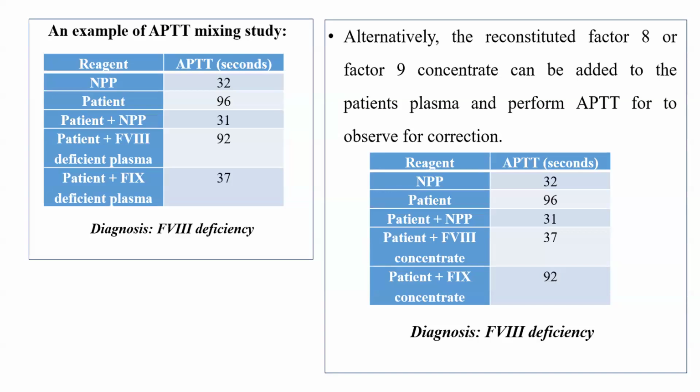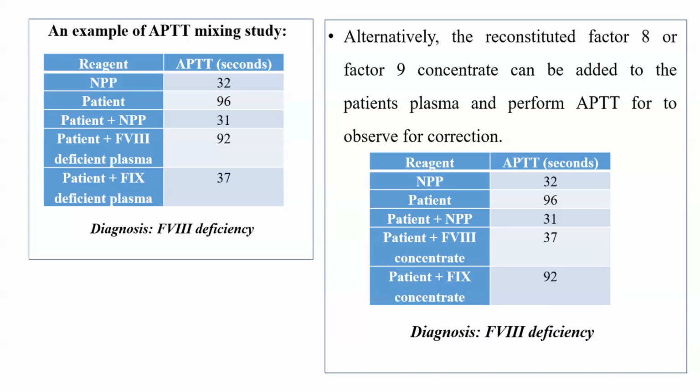So on the right is an alternative way to understand this. This is just for understanding purposes. Basically, this is what happens in the patient themselves when you infuse the factor 8 or factor 9 concentrate. These are demonstrations on the left. The patient 32 seconds, the NPP 32, the patient 96.